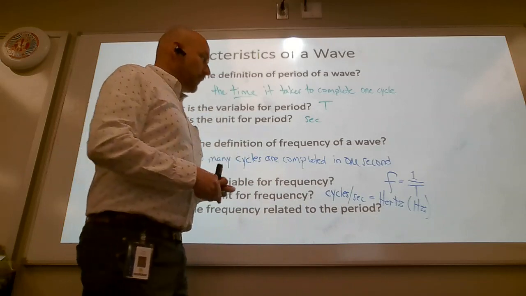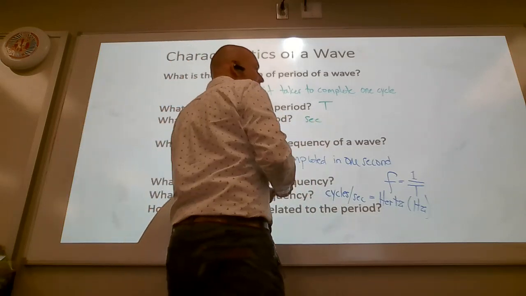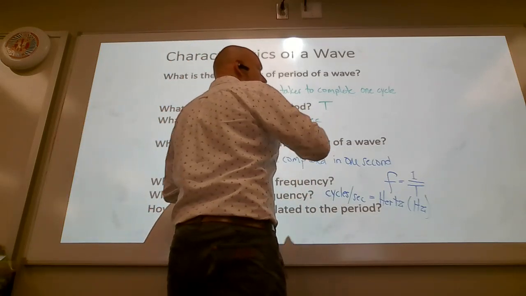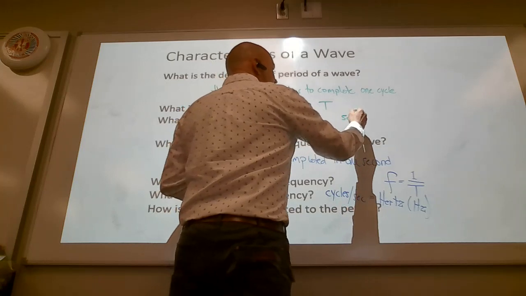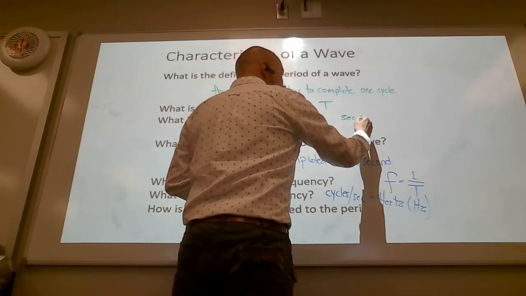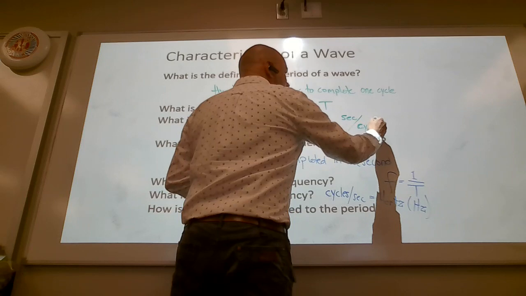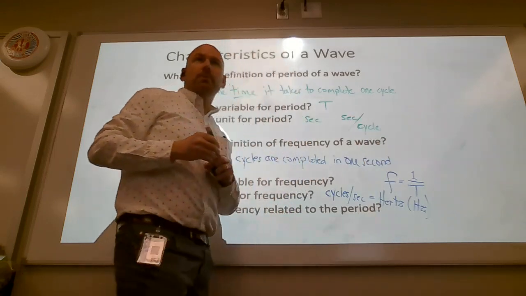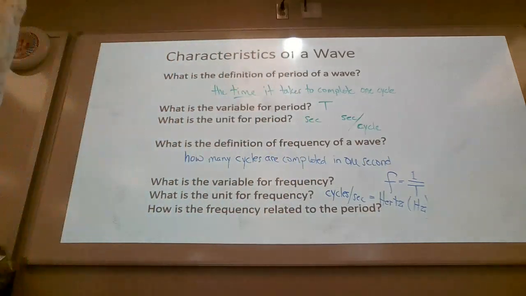Okay, so we could say that period has units of seconds per cycle. Like the unit of cycles isn't really a unit, it's more of a counter, like 1, 2, 3.